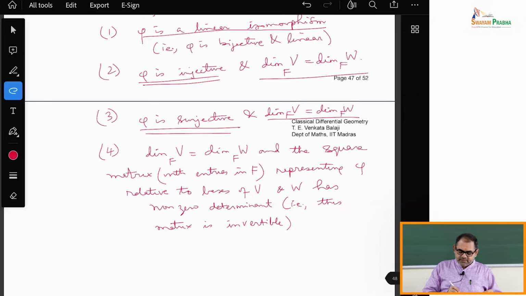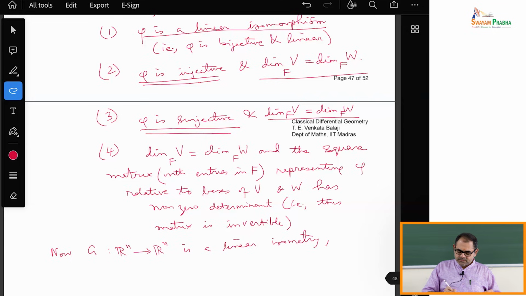Okay, so let me write this. So let me say now g from R^n to R^n is a linear isometry.